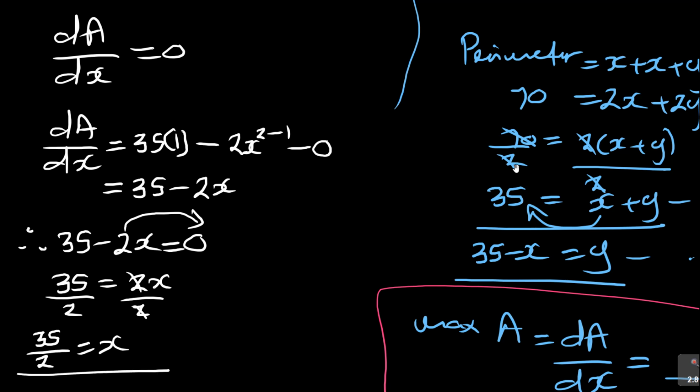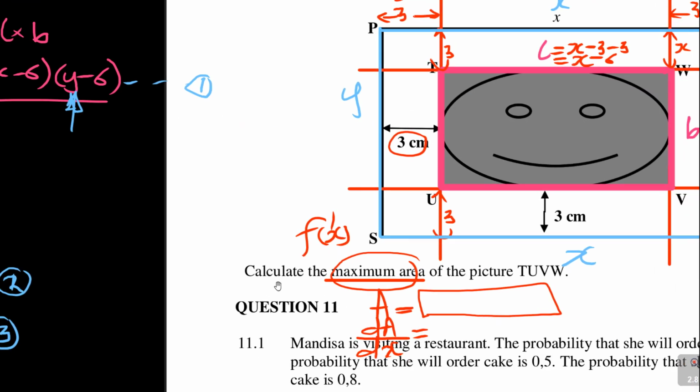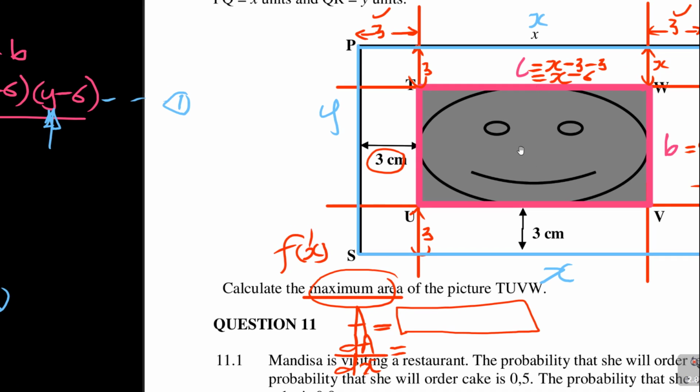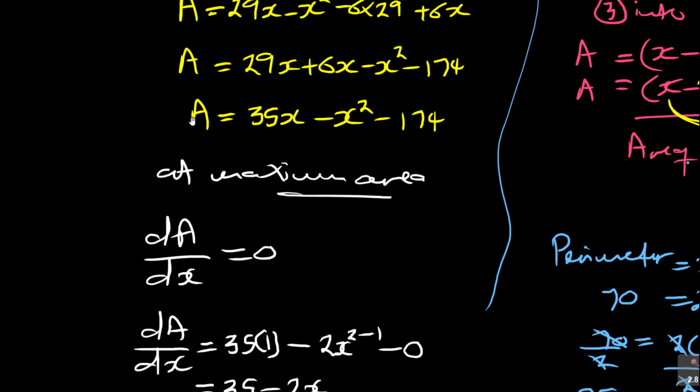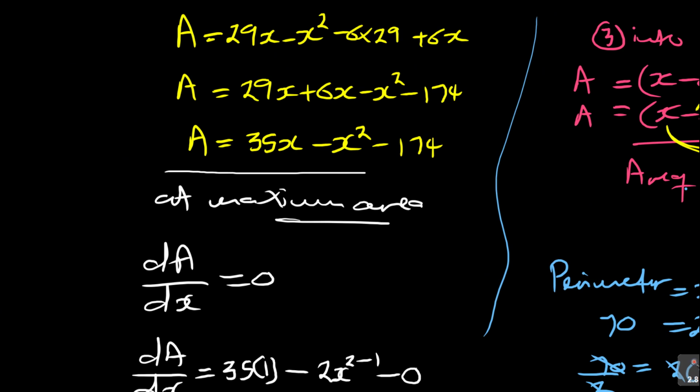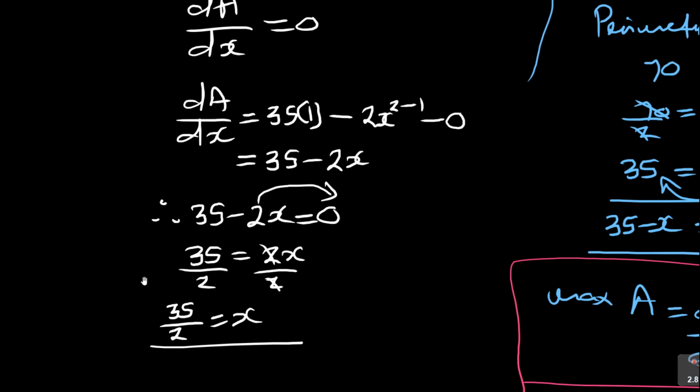Now the question says what? Be careful now. Calculate the maximum area. They didn't say find the value of x like the previous question. This one wants the maximum area. And you know what is the maximum area? This is the area here. Remember? So if you take the value of x at maximum, now let me remind you, this is the value of x at max, because you find dA over dx.